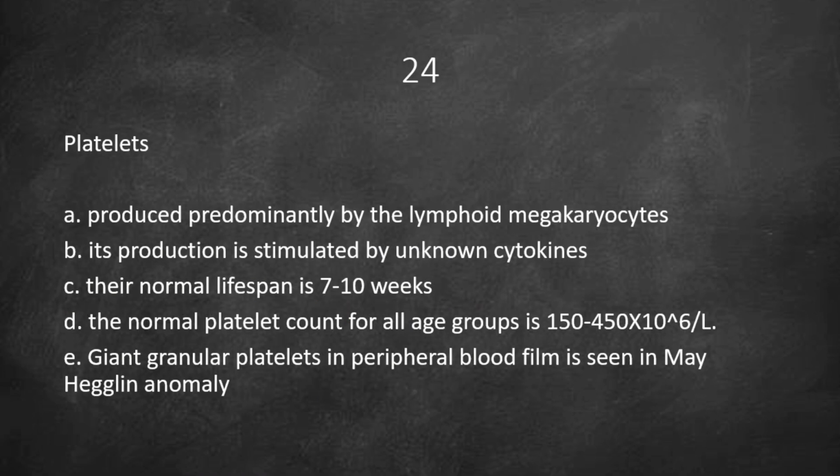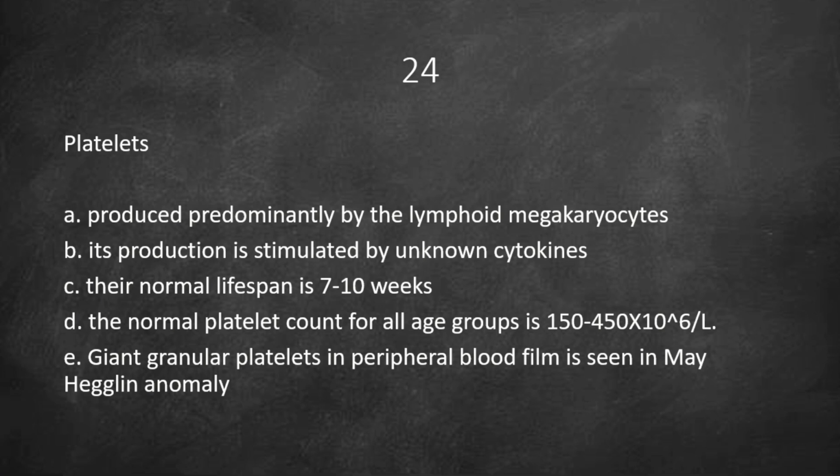Then question 24, it says that platelets: A, produced predominantly by the lymphoid megakaryocytes; B, their production is stimulated by unknown cytokines; C, their normal lifespan is 7 to 10 weeks; D, the normal platelet count for all age groups is 150 to 450 microliters.